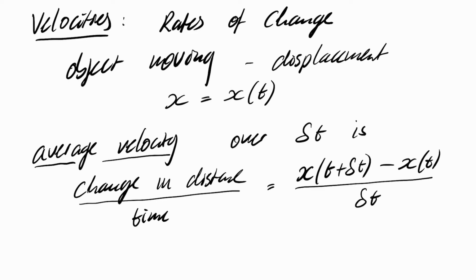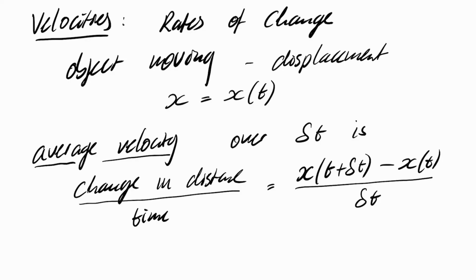Now if we think about travelling on a train, for example, the time period might be a few seconds, a minute or so, something like that. The average velocity over that time period isn't going to change very much. And as we let that increment of time get smaller and smaller, from seconds to microseconds to nanoseconds and so on, we come up with the concept of instantaneous velocity. And instantaneous velocity is when we take the limit formally as delta t goes to 0.